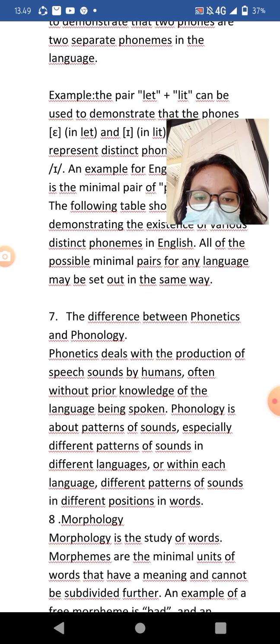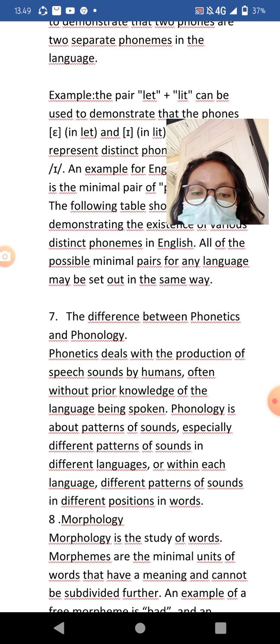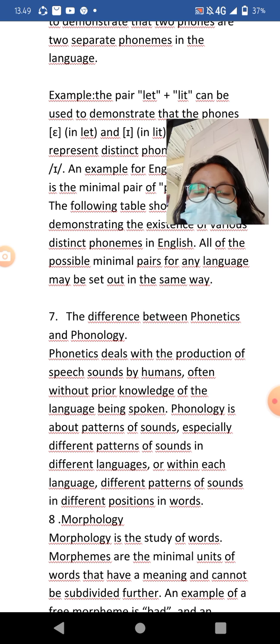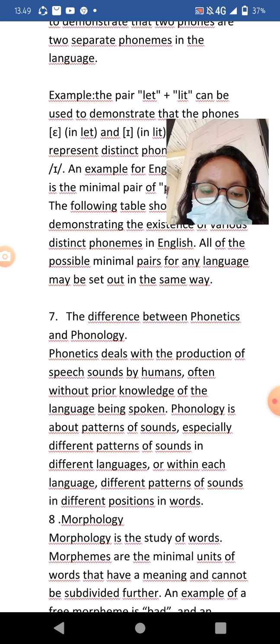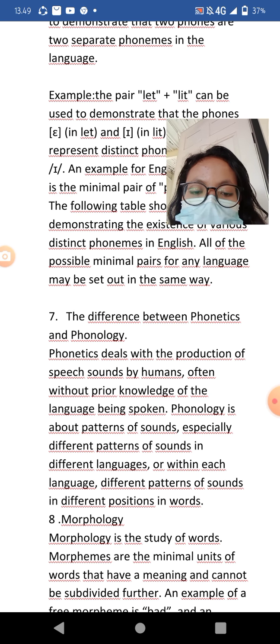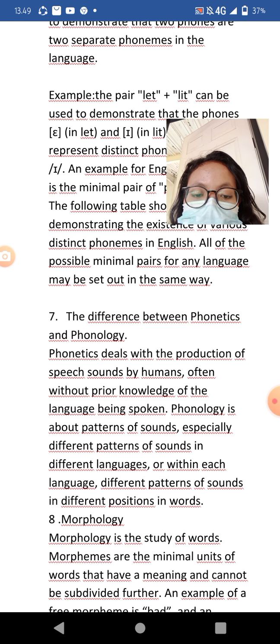Phonetics deals with the production of speech sounds by humans, often without prior knowledge of the language being spoken. Phonology is about patterns of sounds, especially different patterns of sounds in different languages or, within each language, different patterns of sounds in different positions in words.